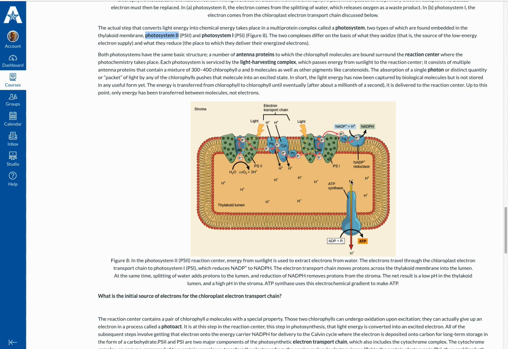It's letting hydrogen flow out of the thylakoid into the stroma, and it's using that gradient energy to phosphorylate ADP to ATP. So know that the whole process of the light-dependent reactions is generating NADPH, oxygen, and ATP.